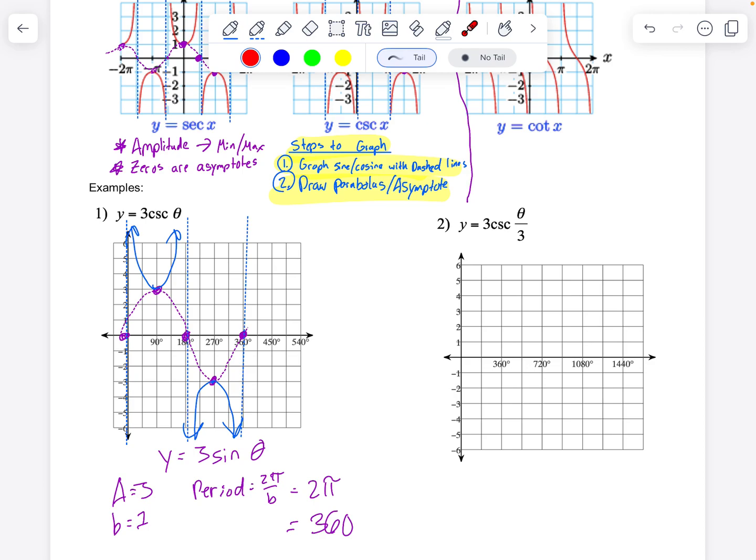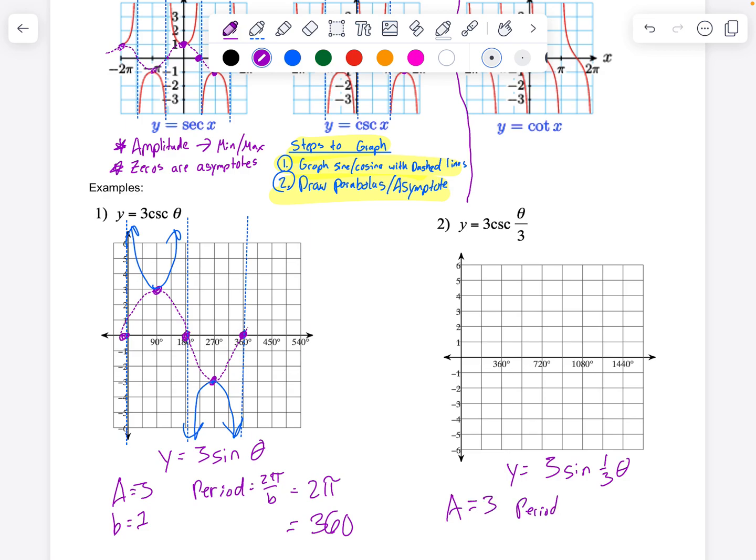I'm gonna go ahead and do it right now myself. Okay, so y equals 3 sine 1/3 theta, same drill, A equals 3. Period, 2 pi over 1/3, which makes it 6 pi. 6 pi, you do have to change that to your degrees.